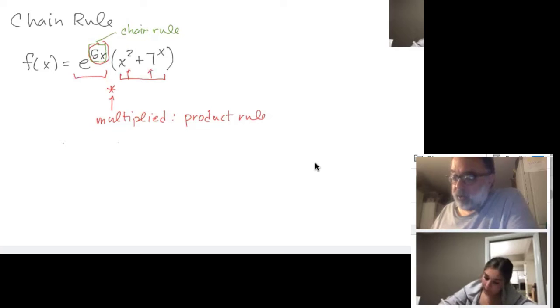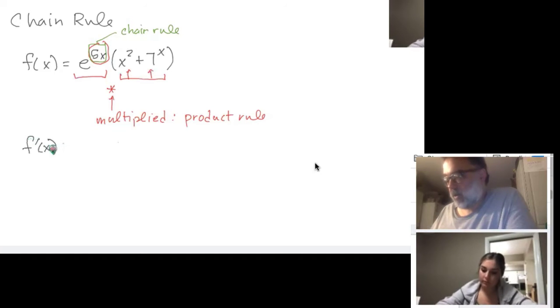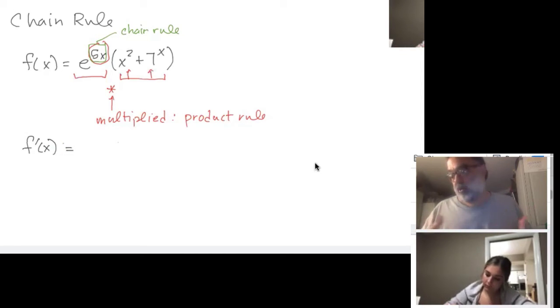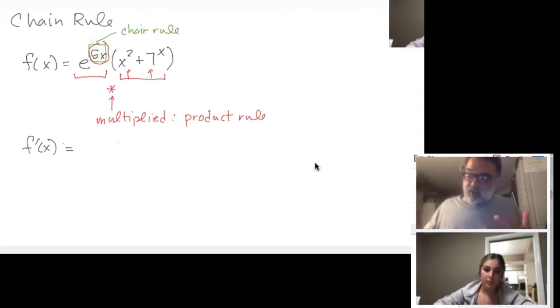So if we want to do the derivative of this function, the last thing done is multiplying the two functions together, right? If we put in a number like 2, we'd have to do 5 times 2 to get 10, to do e to the 10.